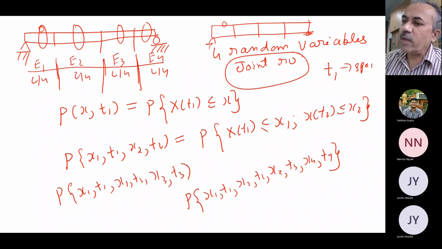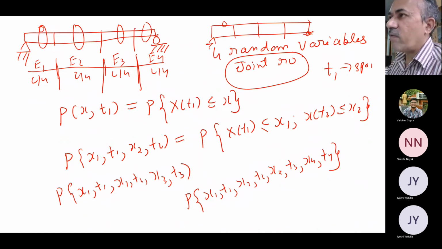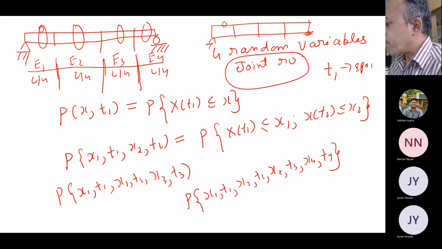Now suppose I divide the beam into 10 points, so what happens? If I divide the beam into tens and your Young's modulus is varying with respect to length also, how many random variables will there be? Now we have divided it into 4 only, but in reality, if it is 10, how many will there be?